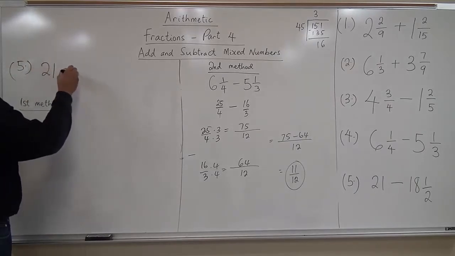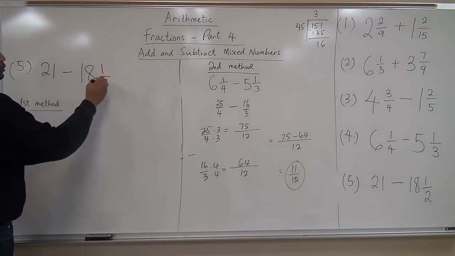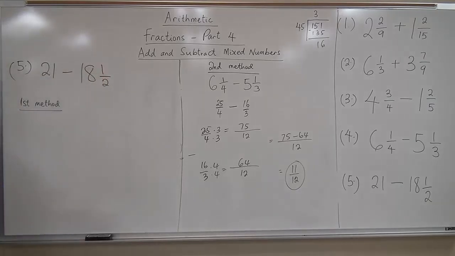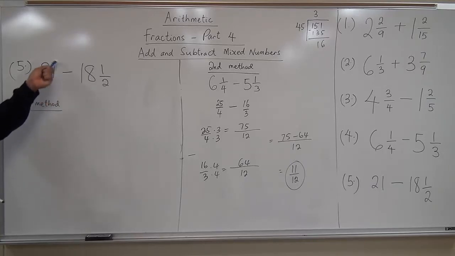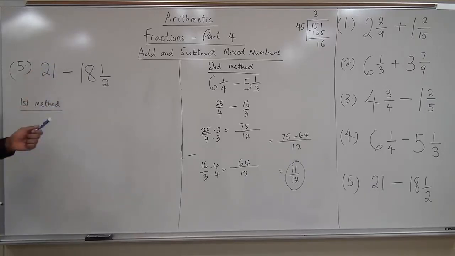21 minus 18 1 over 2. If you're going to use the first method for this, you have to be careful. You see that there's no fraction here. With this first method, you can actually do it 2 ways.